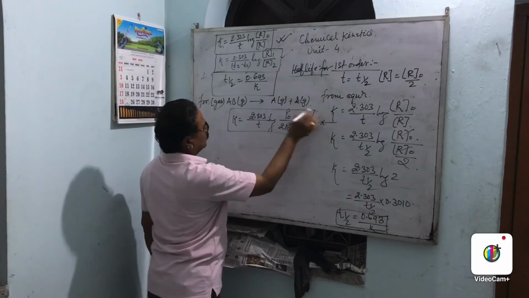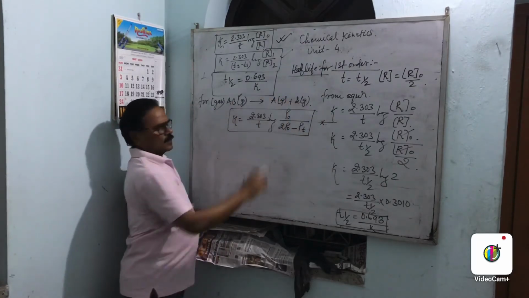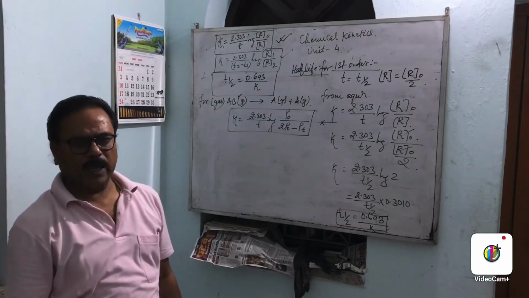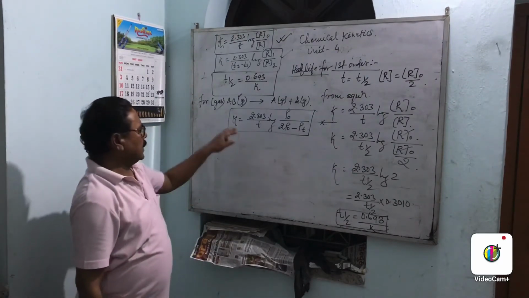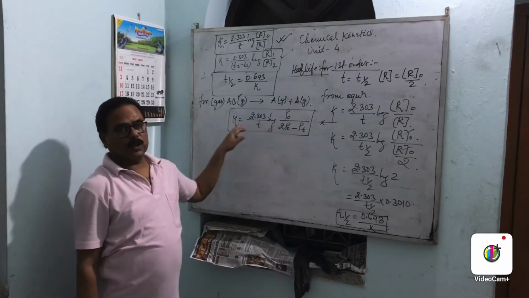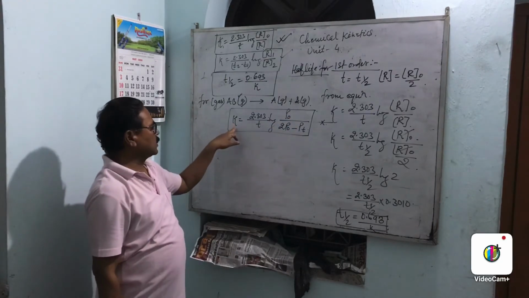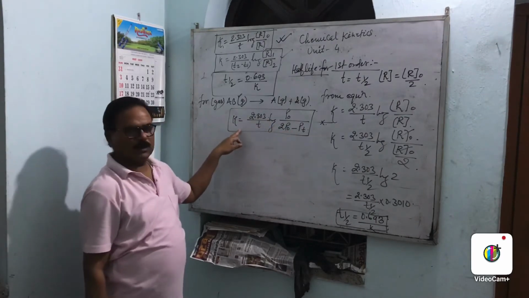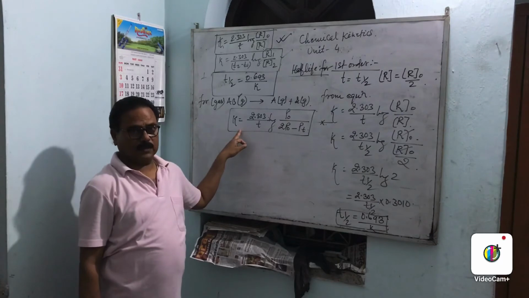Suppose SO2Cl2 decomposes to give SO2 and Cl2, and pressure at a certain time is given, you have been asked to calculate the rate constant. By using that formula directly, we are able to calculate the value of the rate constant, right?